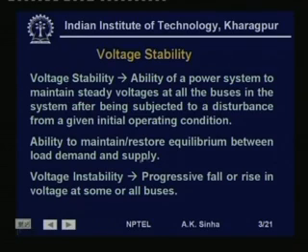Actually, what happens if this equilibrium is lost is that there is going to be a progressive rise or fall in voltages at some or many of the buses.